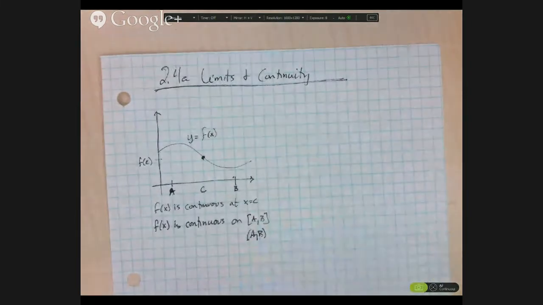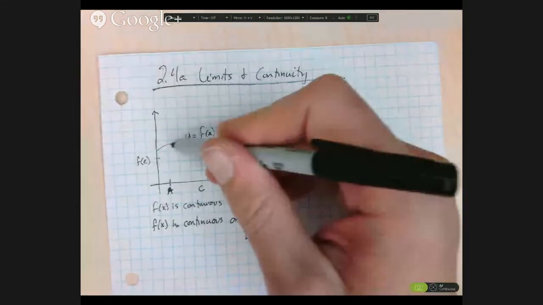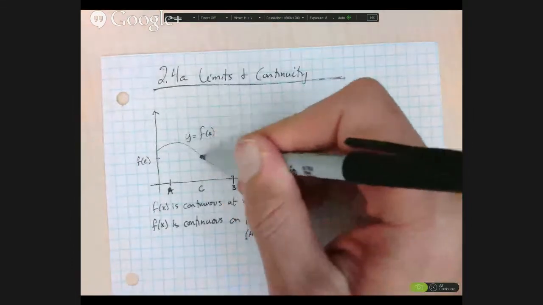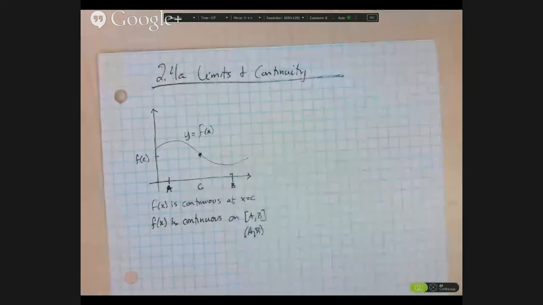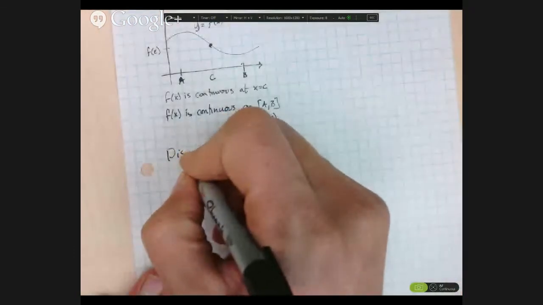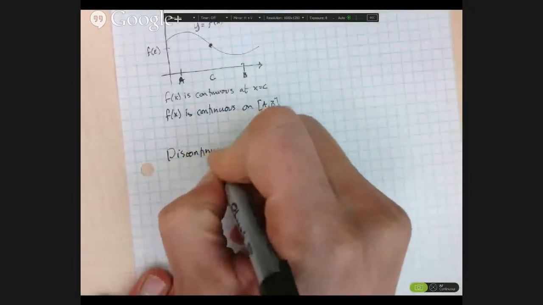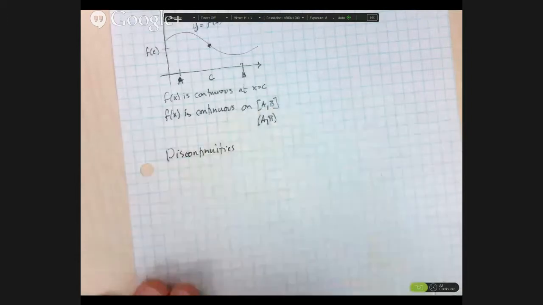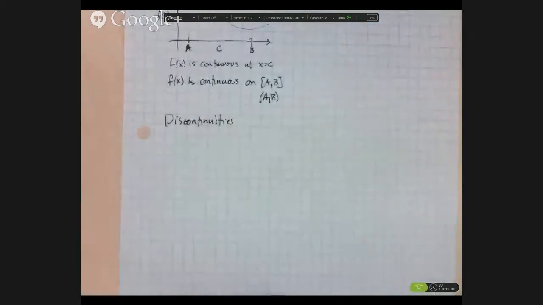All right. And that would mean from A to B, you never pick your pencil up. There are a lot of discontinuities. We're going to investigate just the basic types.